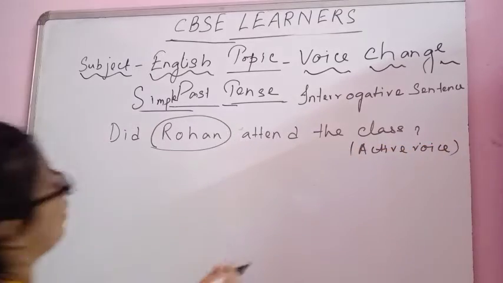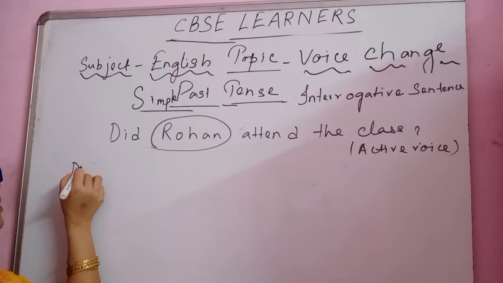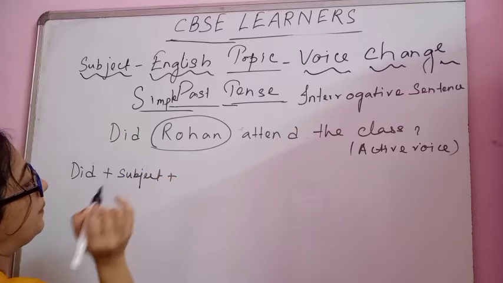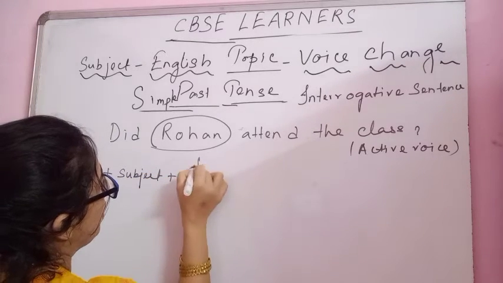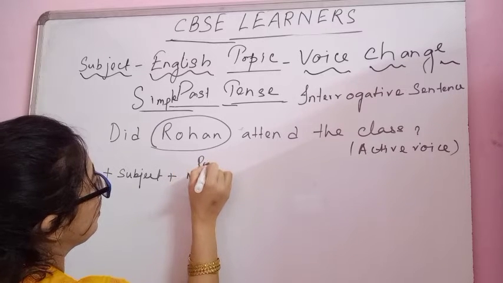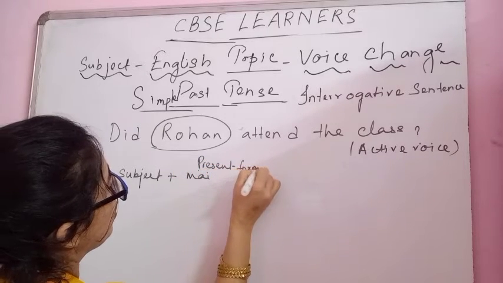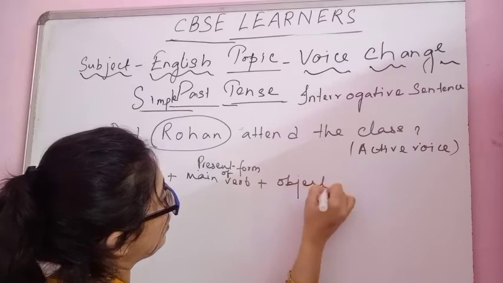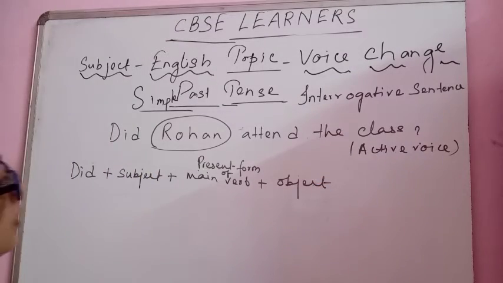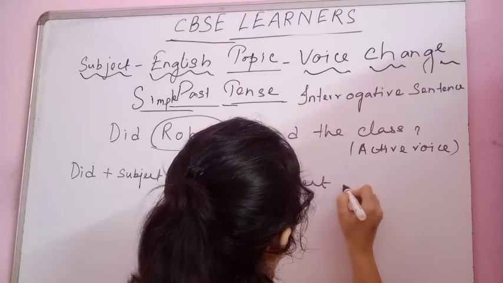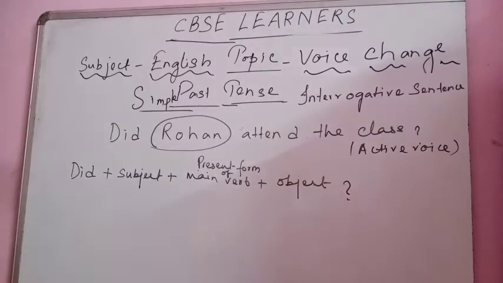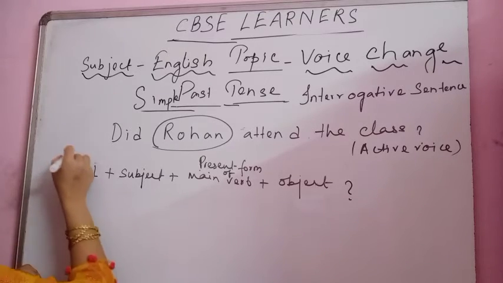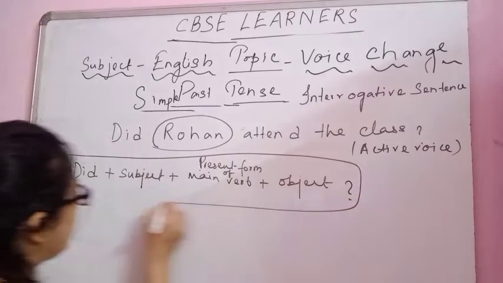Okay, now the formula will be did plus subject plus main verb, first or present form of main verb plus object, with question mark. Okay, now in case of passive voice what will happen? So I hope this one is clear to you, the formula.